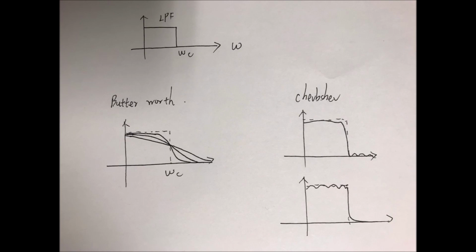Another case for the Chebyshev filter will be some ripples here in the pass band, but pretty flat in the stop band. So those are the real filters you can use in your circuits. So there is no ideal one.